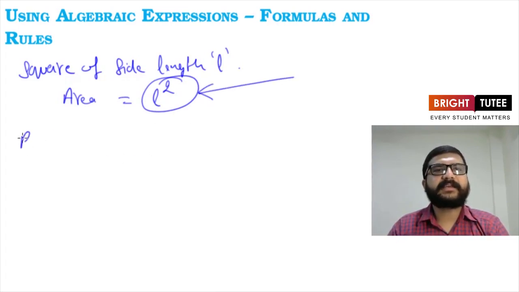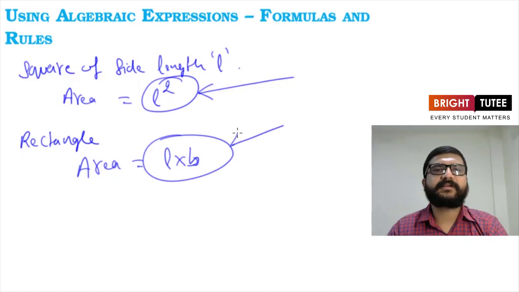Similarly for a rectangle of dimensions L and B, where length is L and breadth is B, its area is L into B. So L into B is the expression for finding the area of the rectangle, and L and B are variables here.